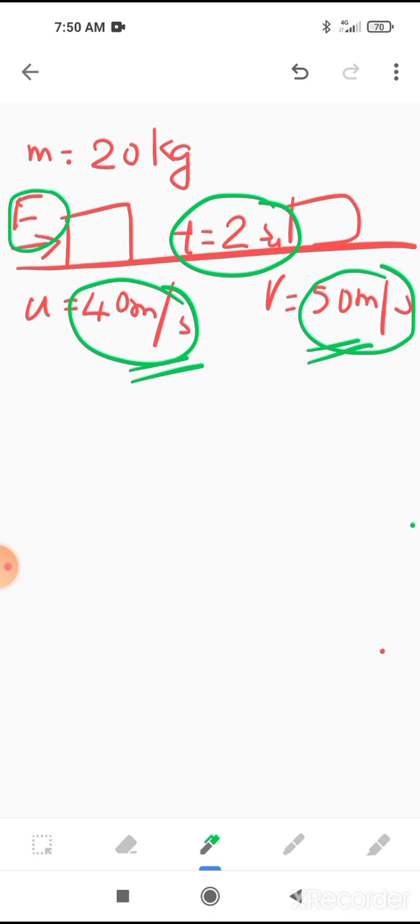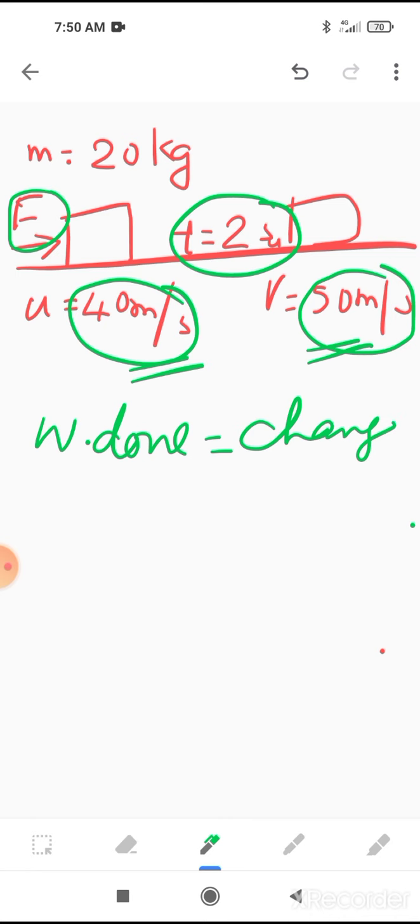Whenever a force causes change in velocity, the work done by the force is equal to change in kinetic energy. That is work energy theorem. Work done is equal to change in kinetic energy. Then how will you find out change in kinetic energy?